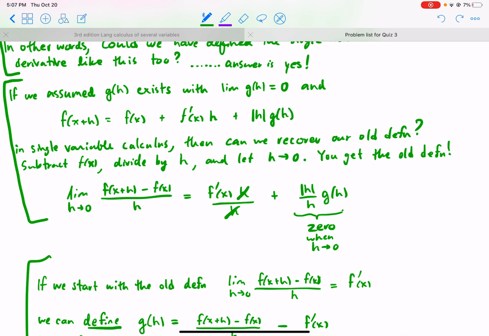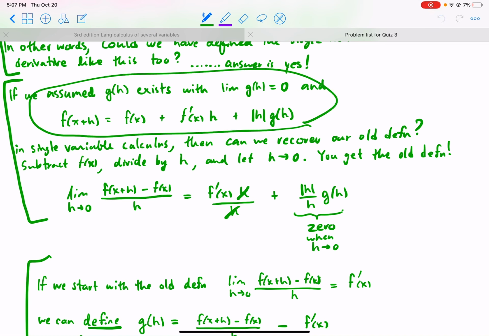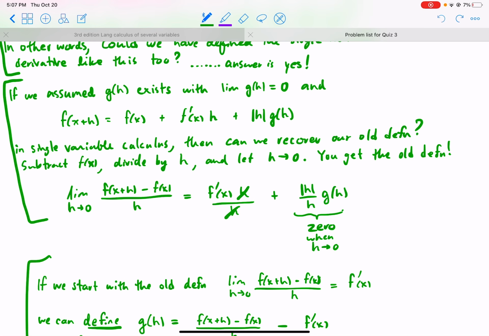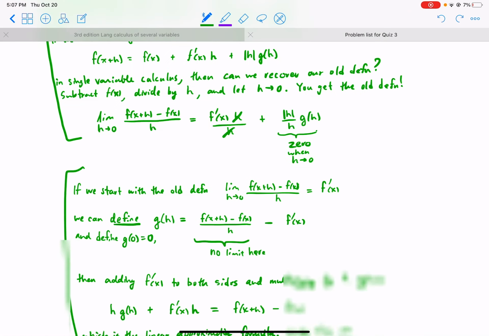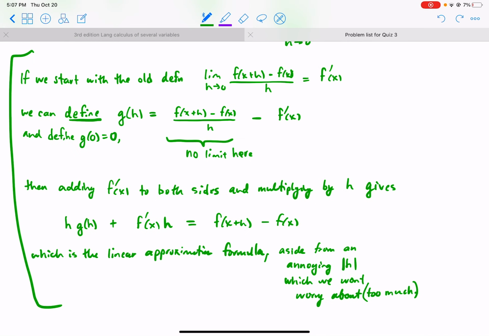Okay, well, that's great. So if we assume this new definition, we can recover the old one. How about we assume the old and recover the new? If we start with the old definition like this, then we can define the error function to be how badly they are different. And note there's no limit right here.